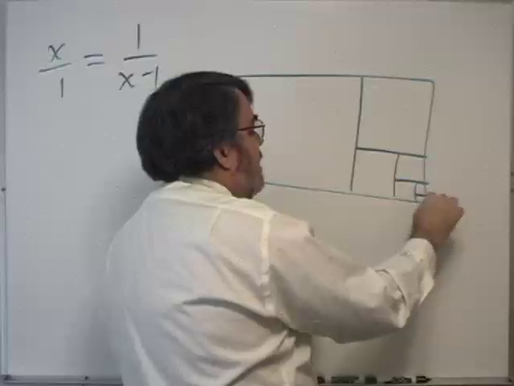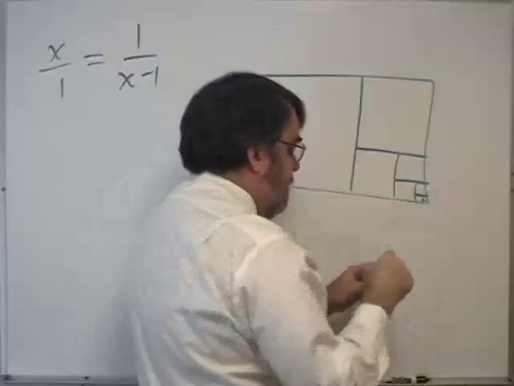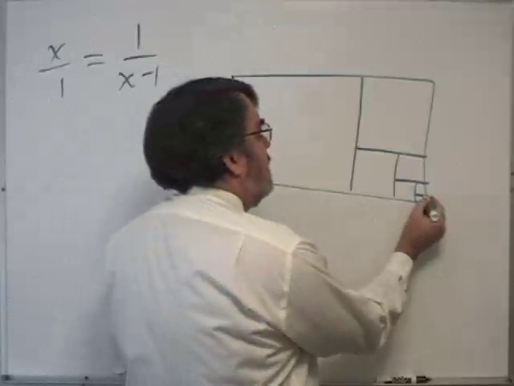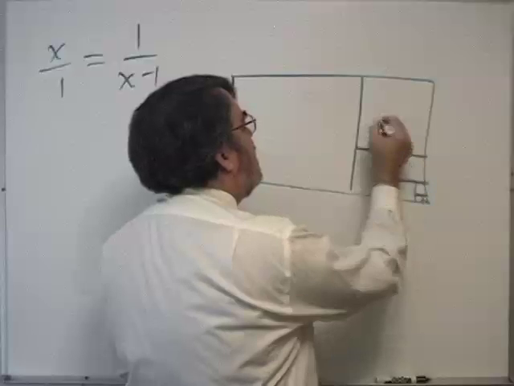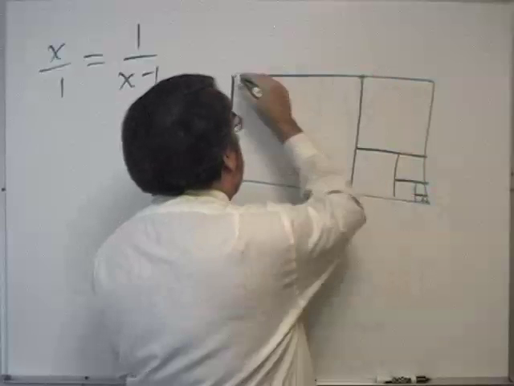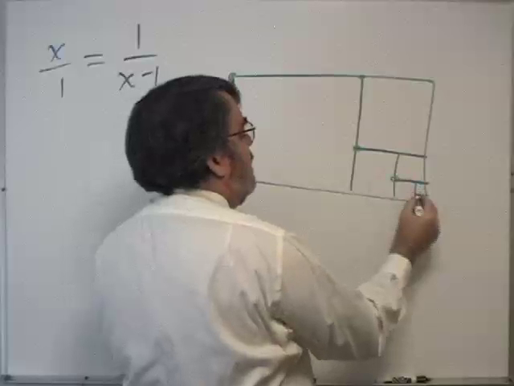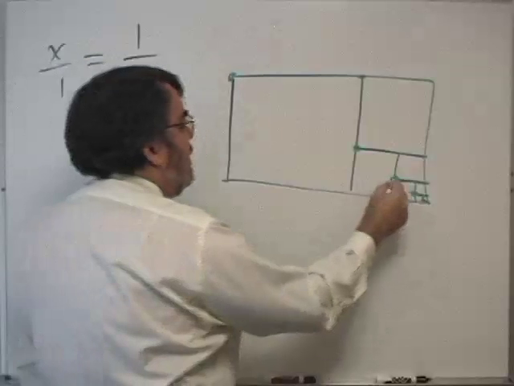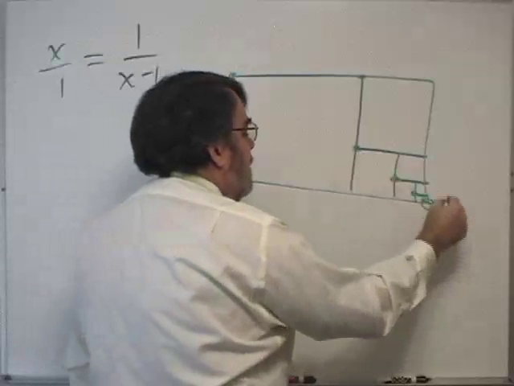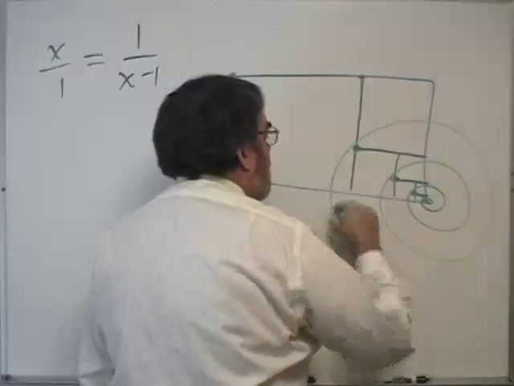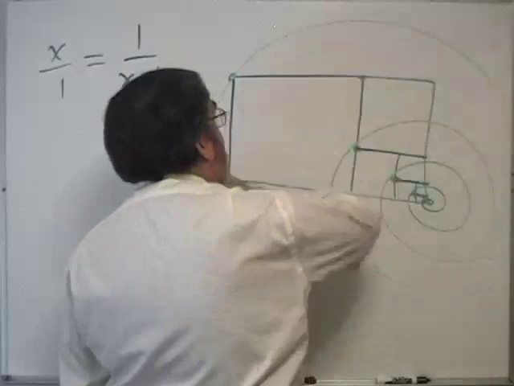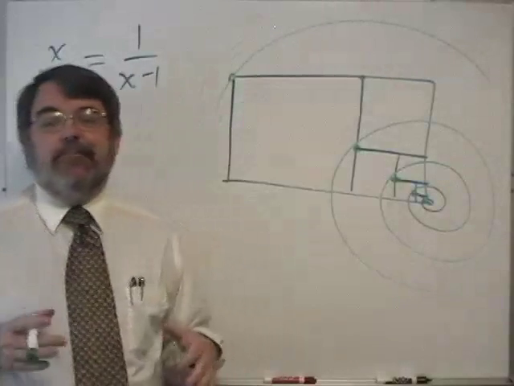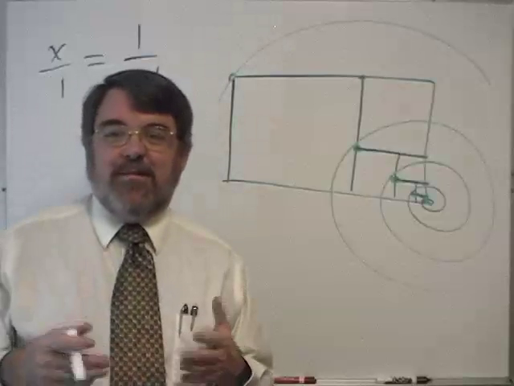If I just keep taking those squares off and connect these corners with a spiral, it's this corner, that corner, that corner, those are the corners I meant. If I connect these with a spiral, and I didn't leave quite enough room to draw all my spiral, you get this sort of shape, and that is the shape inside a nautilus shell.